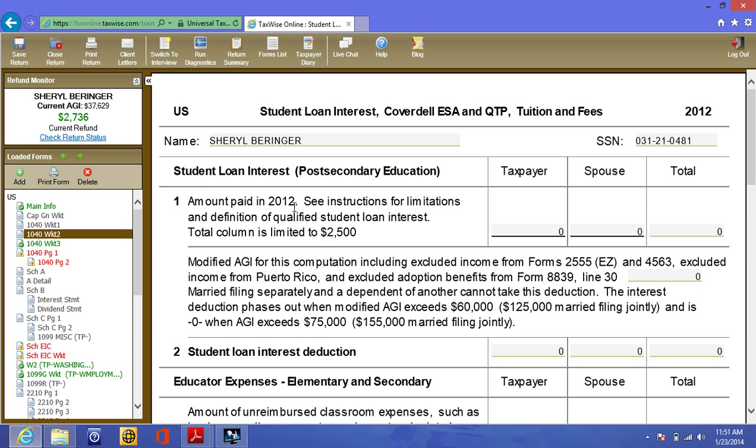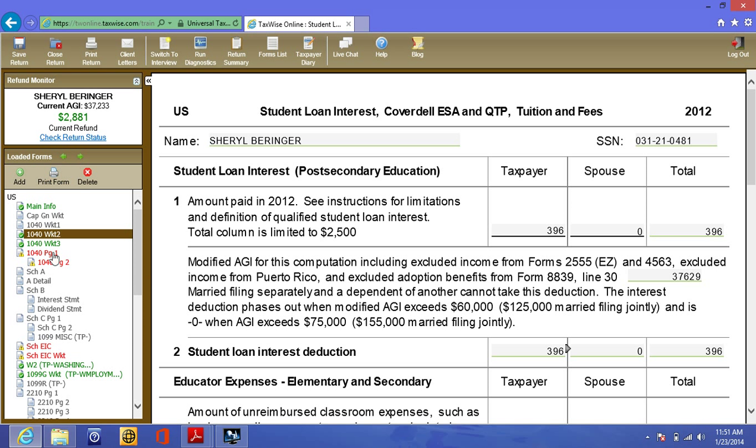Amount paid in 2012. Well, we know that amount for the taxpayer is $395 and 67 cents. And it's going to round. And it's going to do it all itself. Repopulate. So that's done.